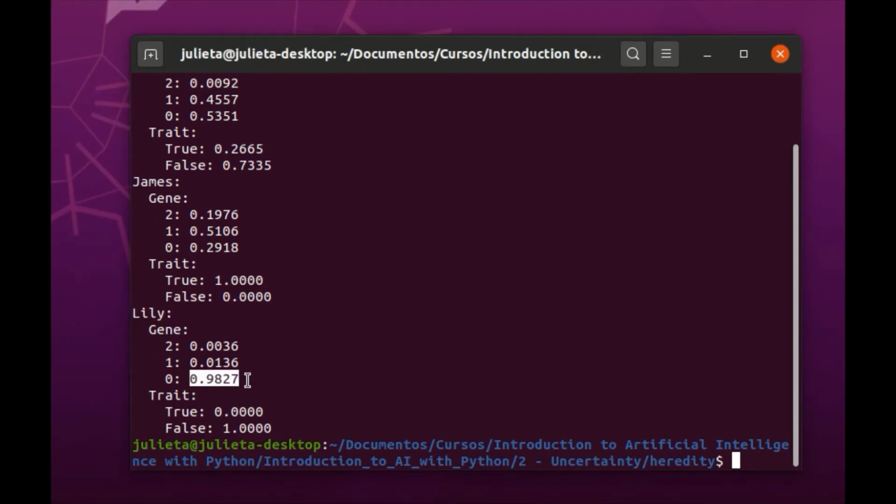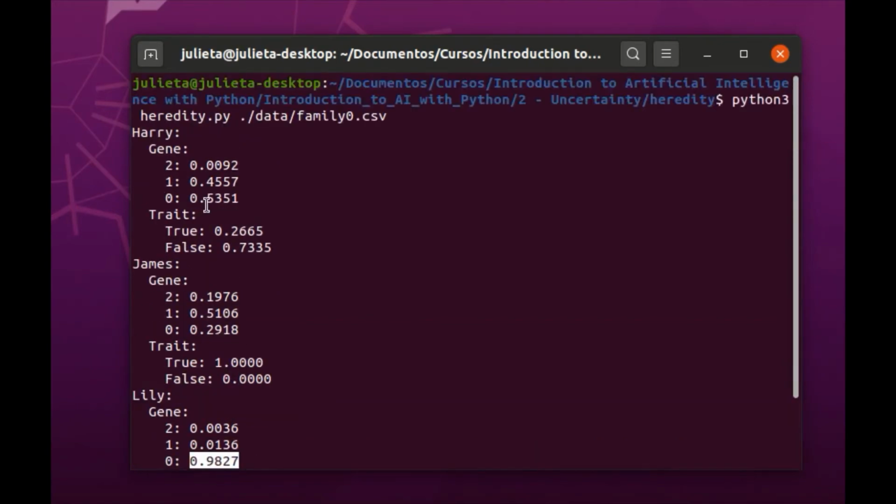So Harry is not likely to have 2 copies. He could have 1 or he could have 0, depending on James' probabilities, but it's not likely to have 2. It could happen, but it's difficult.